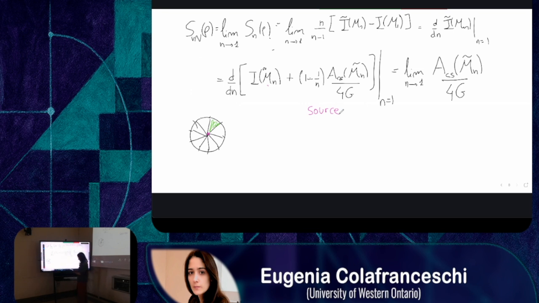And also this is a sort of action for your source. And we know that when we want to compute the saddle point, we need to extremize the action. So the final surface must be a surface that extremizes this quantity, so that extremizes the area. So basically this is telling us what are the equations of motion for our surface.